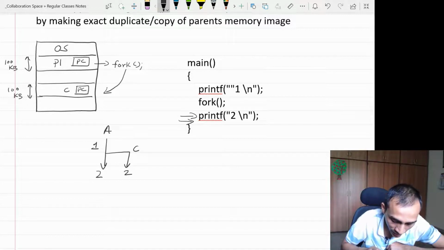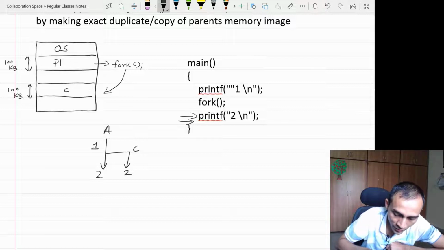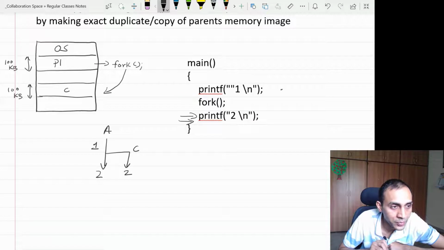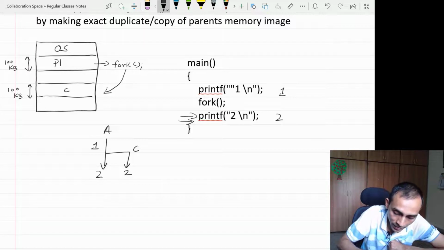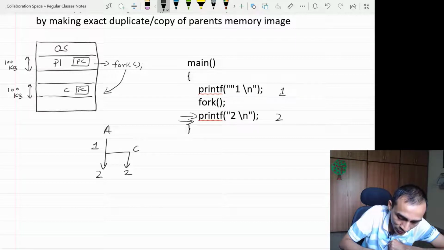So what should be the output of this program? After printing 1, what can you expect on the terminal? Process A will continue. After fork, it is going to printf 2, and process C also, after it is born from here, continues.